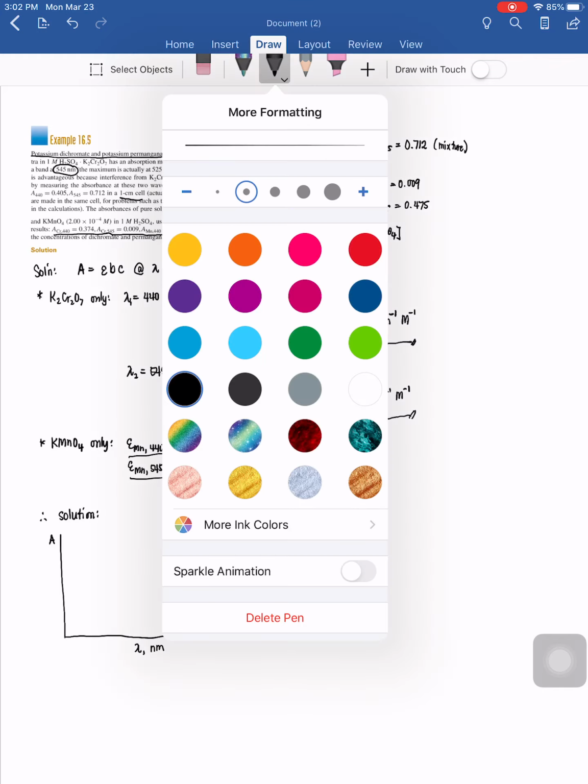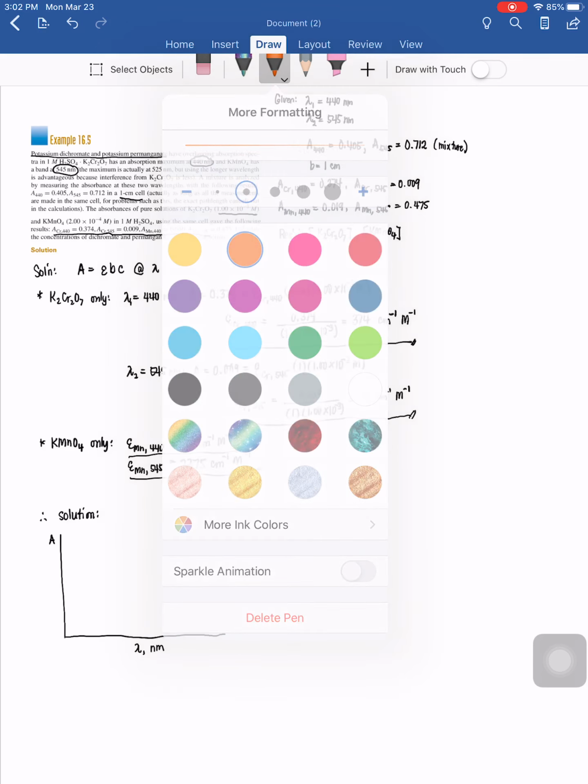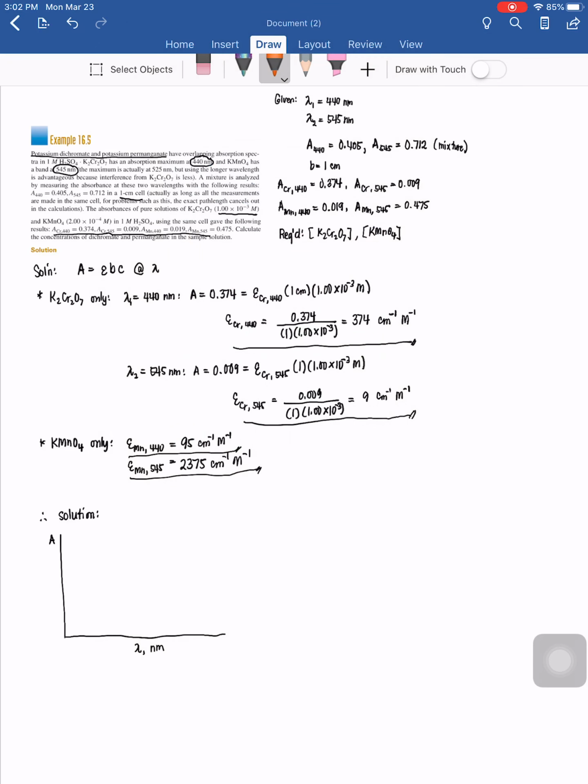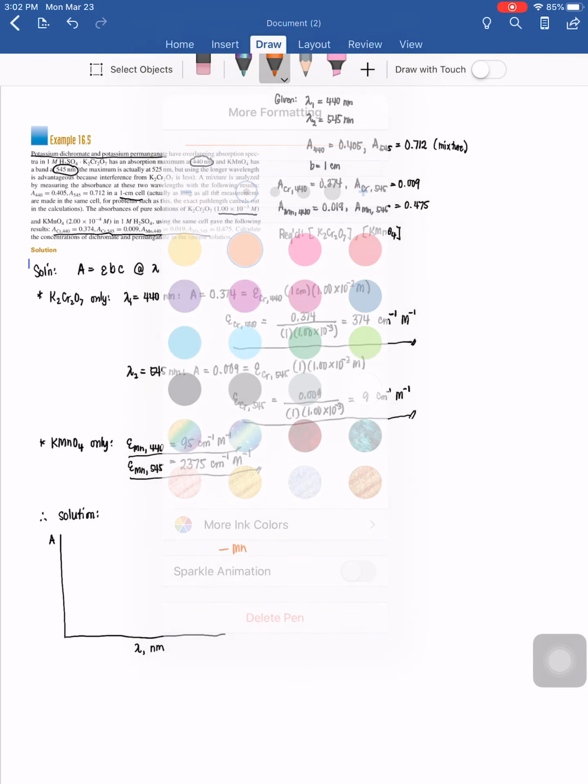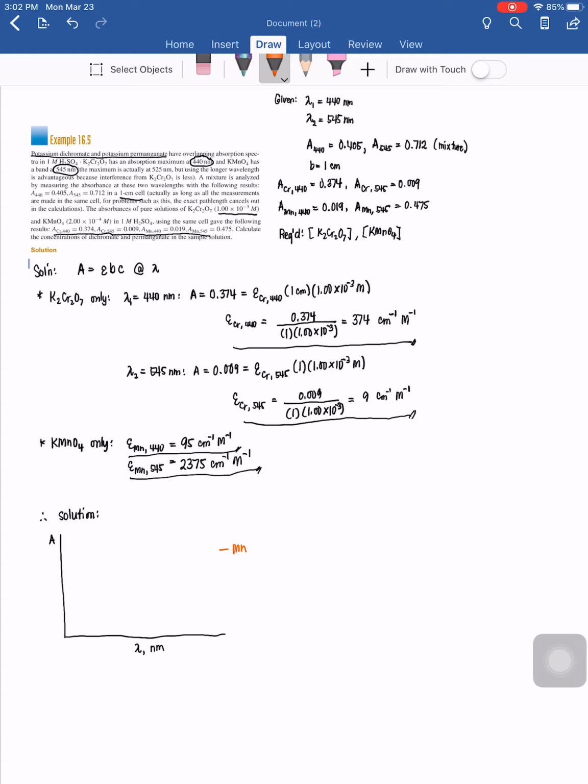Now for my potassium dichromate, let's represent it as orange. So what I should be able to get would be something like this. If it was just potassium dichromate present in the solution, I should be able to get a readout that looks like this.